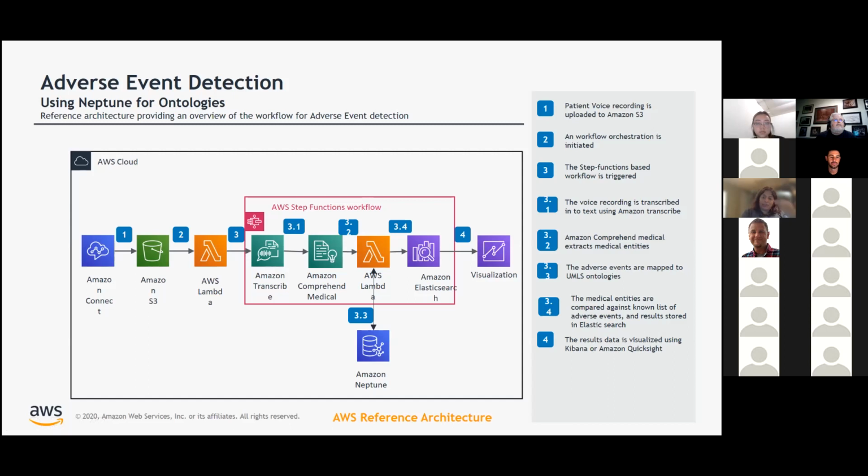Step 3.2 is going to iterate through these entities detected by Comprehend Medical, and try to match them against the Neptune database, and get more information about that entity from Neptune. For example, if fever is the entity that was detected, then it will go against Neptune, where we have already stored the MedDRA ontology.